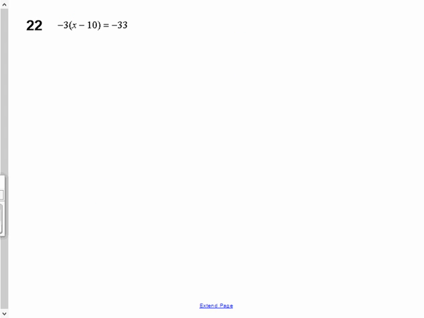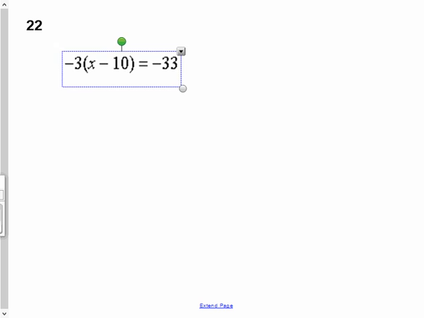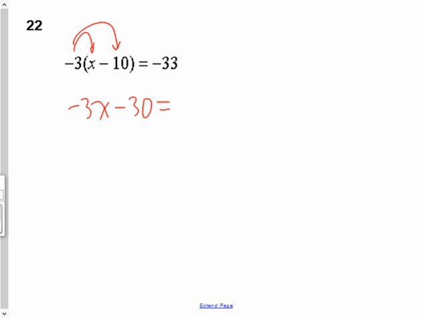And the last question in your opposite operation is the question that probably, I don't know how many, I would say over half the class made the same mistake. So here's the mistake everybody, or half the people in this class made. So they expanded using distributive property. And they said -3x, and then they said -30 equals -33.